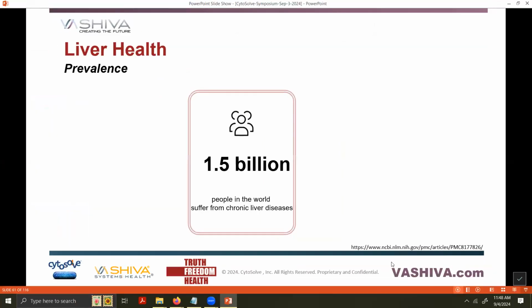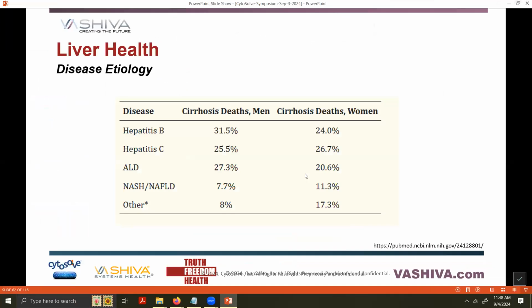Thanks, Prabhakar. So next, the disease etiology breaks up into this. Hepatitis B leads to cirrhosis, and deaths in men are 31.5%, deaths in women are 24%.